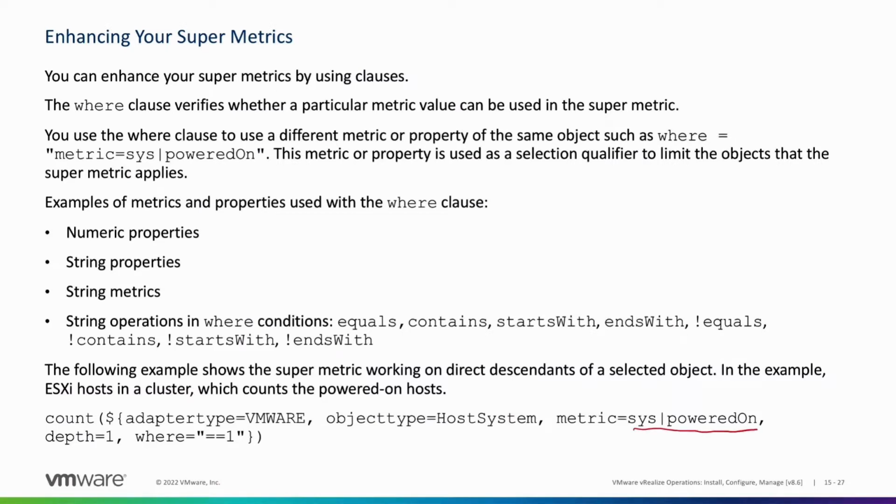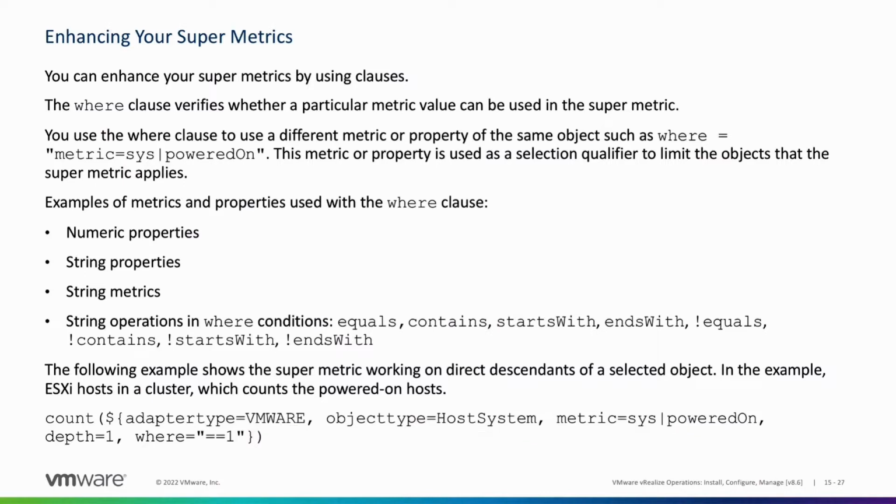That performance metric allows us to detect whether or not a host is powered on. That metric is a metric of host systems. And host systems and all the other vSphere objects are monitored by the vCenter data adapter. The nickname for that is VMware.